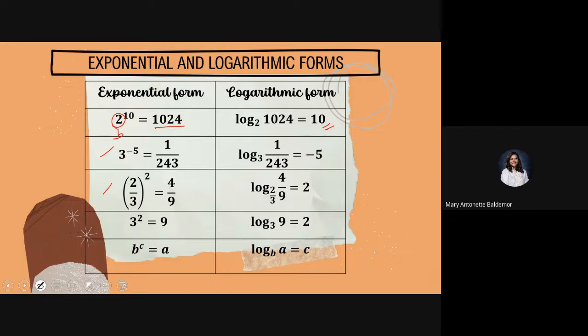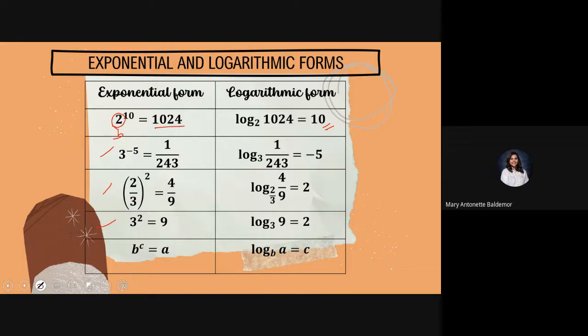So we can rewrite it as the logarithm of 4 over 9 with base 2/3 is equal to 2. Then, next example, 3 squared is equal to 9. So we have the logarithm of 9 with base 3 is 2.